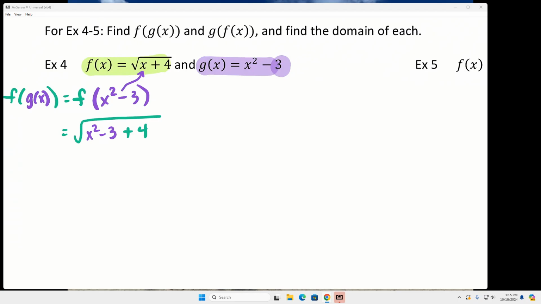Okay, so at this point, this is f of g of x. We are going to just simplify what we can. There's not a lot we can do. Really the only thing we can do is combine your like terms underneath the square root. And that should be your final answer for f of g of x.